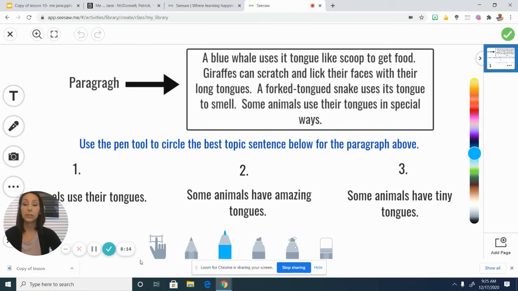And what you want to decide is which of these topic statements would be the best topic statement for this paragraph. And just keep thinking about the job of the topic sentence or topic statement.